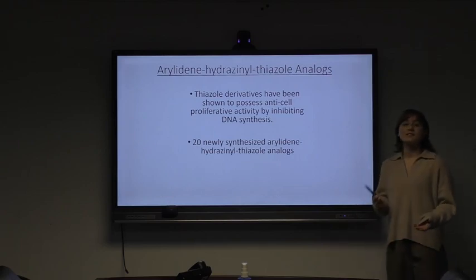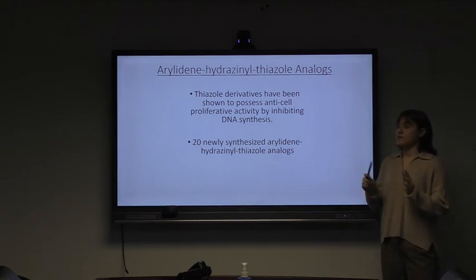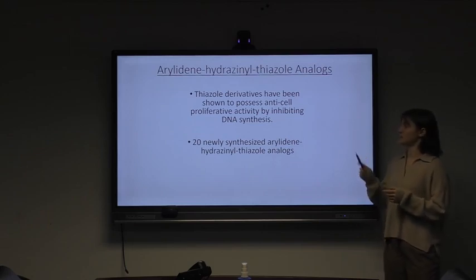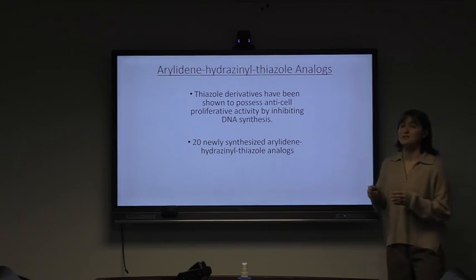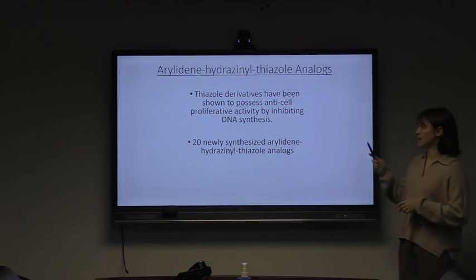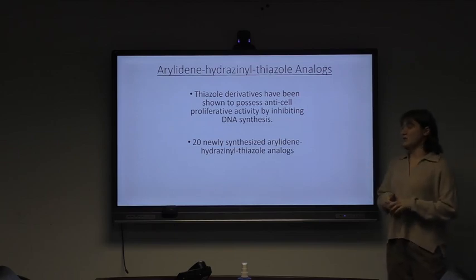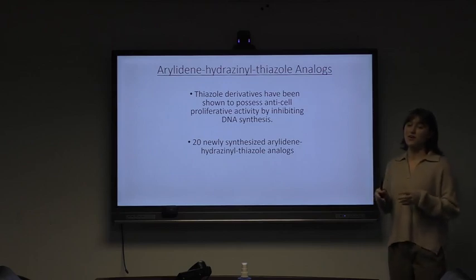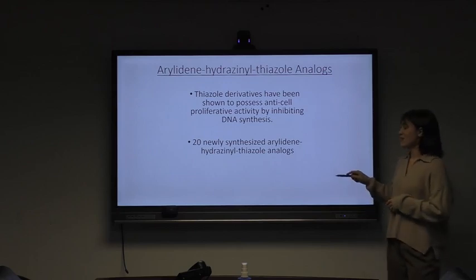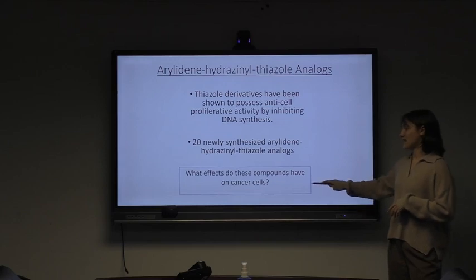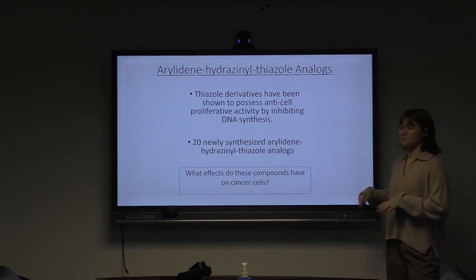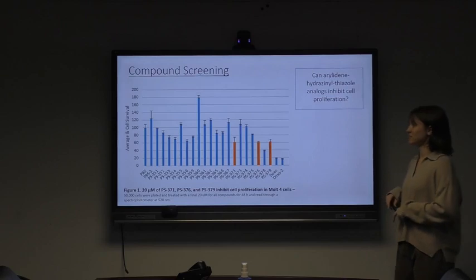Our collaborators in India researched through literature and found that thiazole derivatives showed anti-cancer cell proliferation activity by inhibiting DNA synthesis. So they created 20 newly synthesized arylidene hydroxyl thiazole analogs, next please, where we will test these effects on multiple cancer cells. Next please.